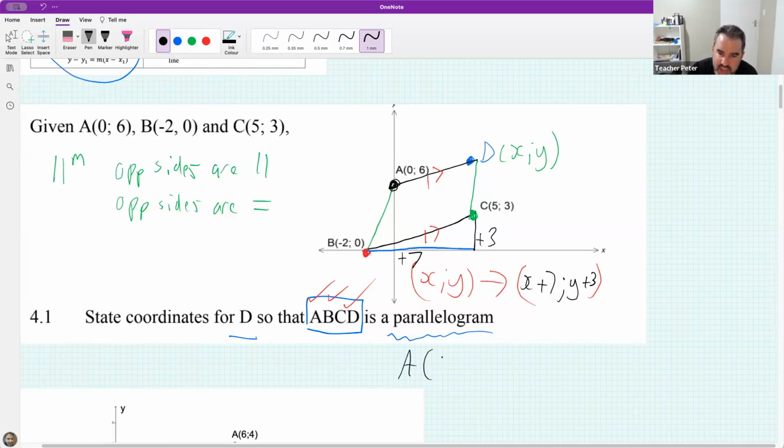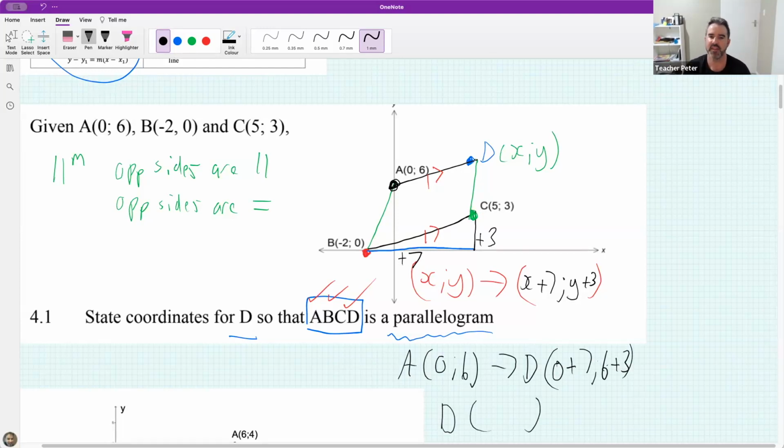And the point A is 0, 6. But because this is part of a parallelogram, it's going to go on the same journey. And so in order to get the point D, I'm going to go 0 plus 7, and then I'm going to go 6 plus 3, because that's the same journey that I went on from B to C. Can you tell me what the point D is that makes ABCD a parallelogram?